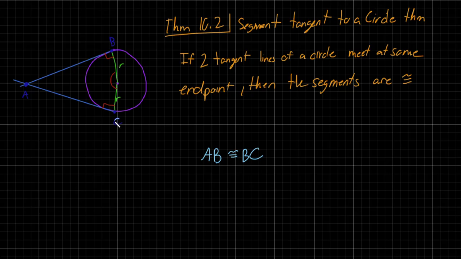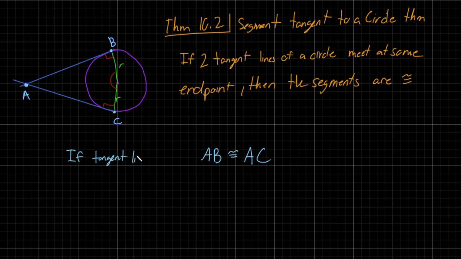This is C. This is B. This point over here is A. Is that better? Okay. So AB is congruent to, not BC, it should be AC. Sorry, guys.